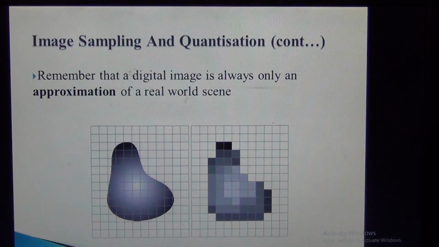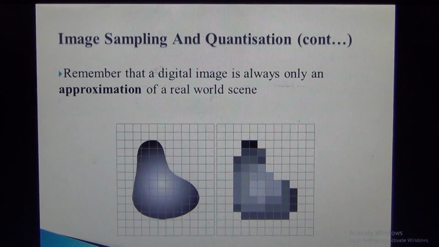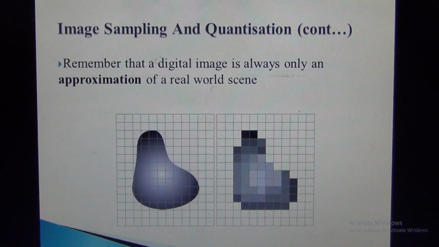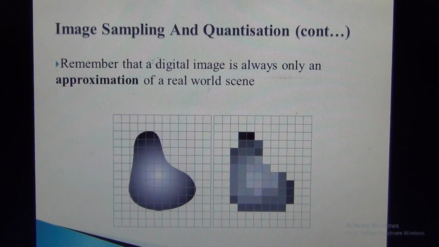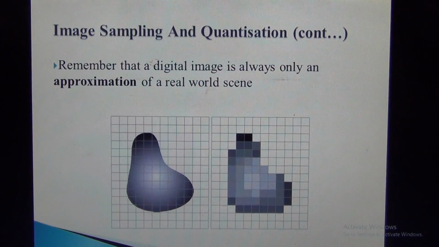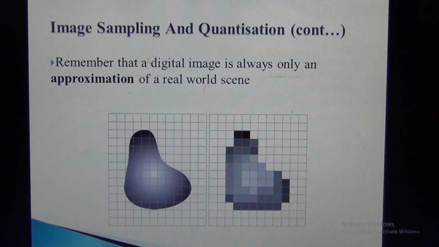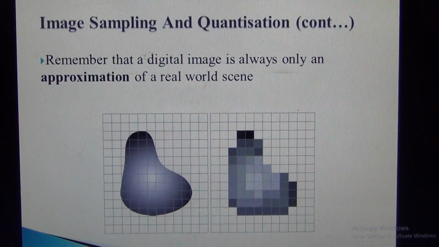And also the digital image is always an approximation of the real world scene. As we can see in this diagram, pixels are shown as sampled points in a matrix, and here the pixel distance is very large, so we can see a discrete image instead of a continuous image.